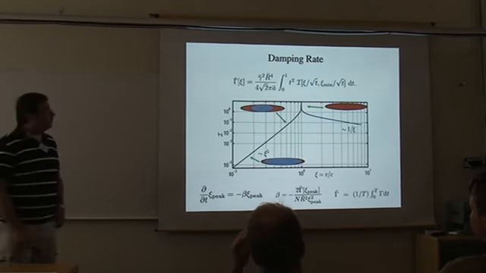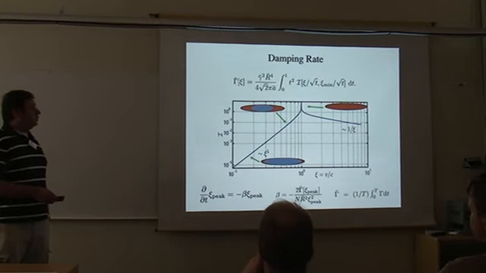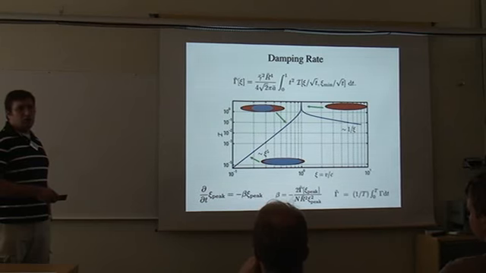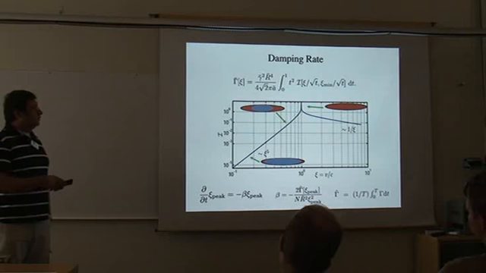So this is again the same function, and you see it as a function of the velocity of the cloud with respect to the speed of sound at the center of the cloud, on this log-log plot.